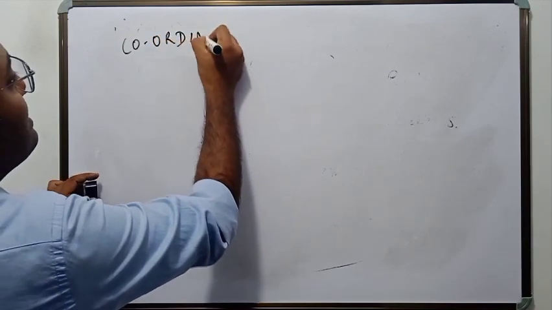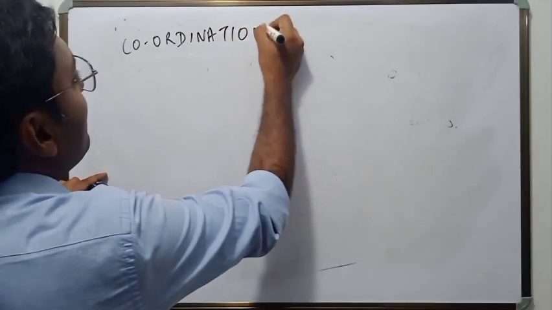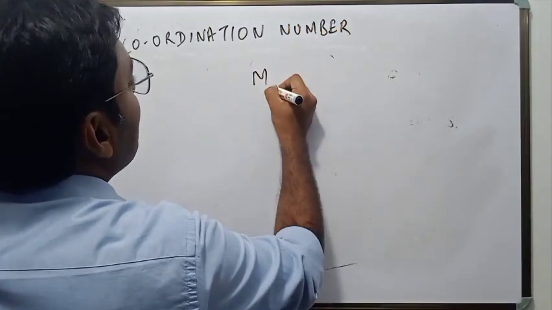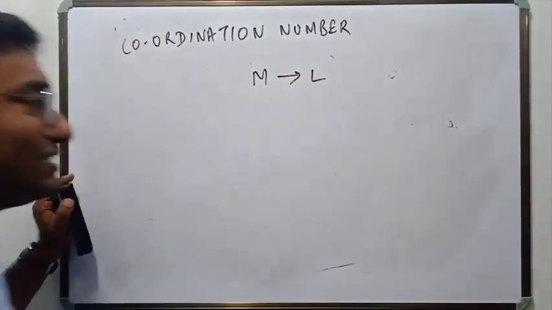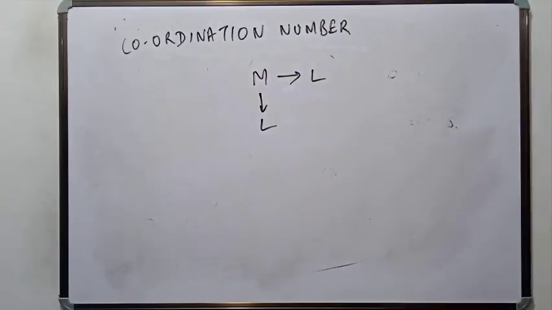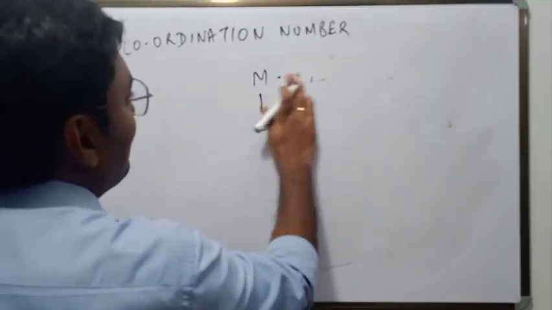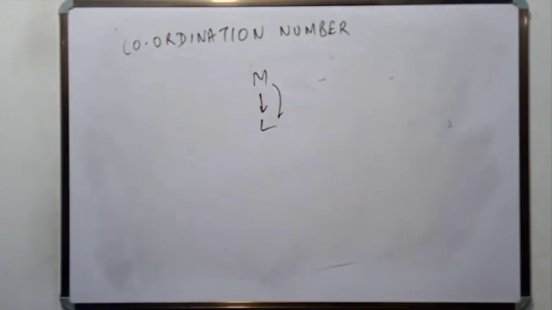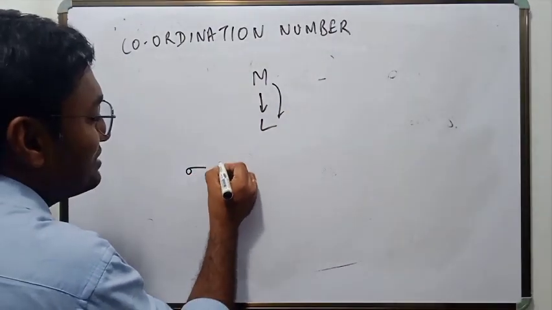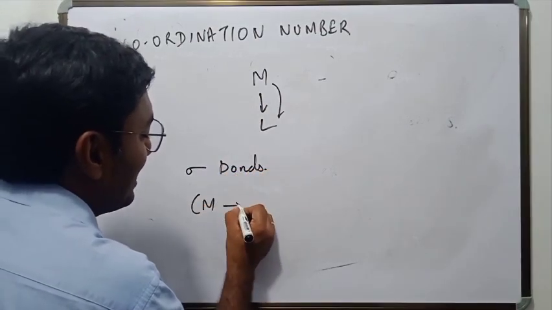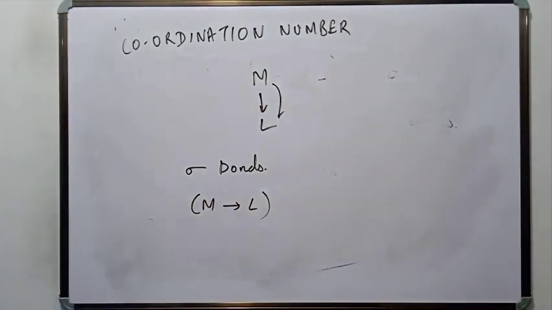Coordination number is nothing but the number of sigma bonds that the metal ion makes with the ligand.